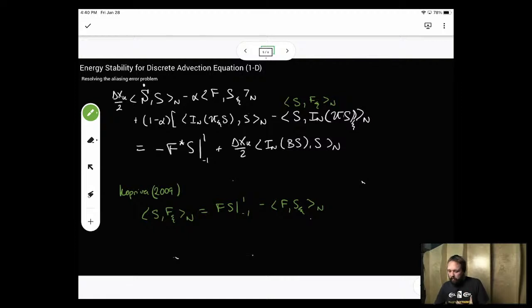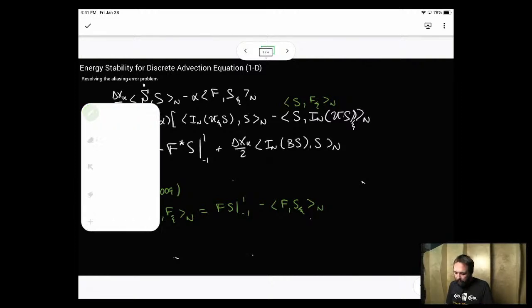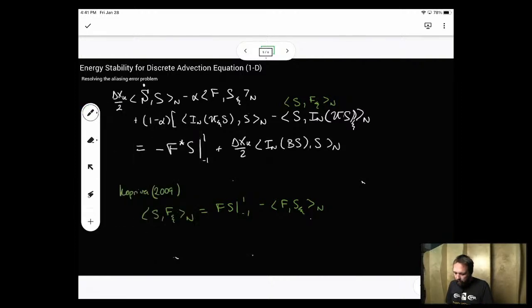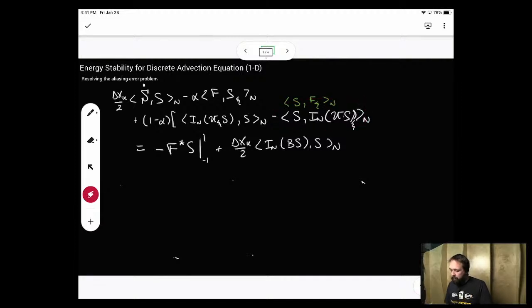So what we're going to do is essentially apply this summation by parts formula to this term here. And what we get when we do that, all right, let me make some space for us. So again, we're going to apply summation by parts to this term and move some things around.